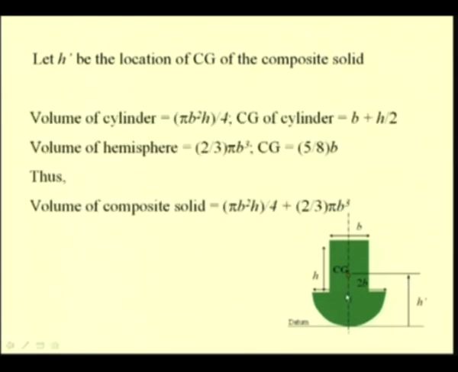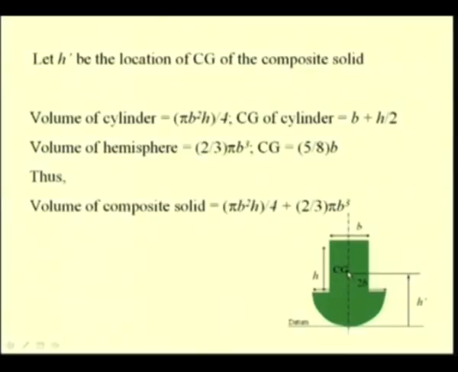This we obtain by decomposing this object into two simple shapes, that is, one the cylinder and the other the hemisphere, for which the location of the CG and the volume is known. The volume of the cylinder is pi b square h divided by 4, and the CG of the cylinder is b, which is the radius of the hemispherical portion, plus h by 2.